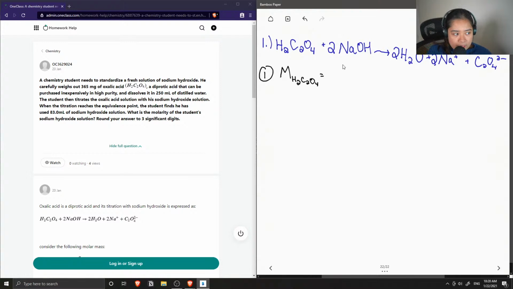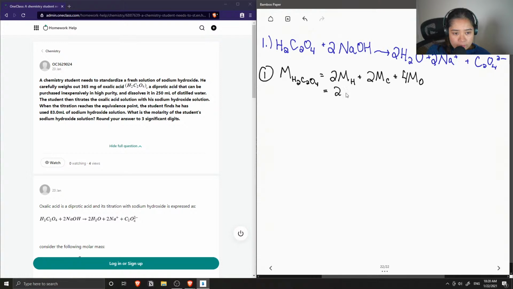So the molar mass of oxalic acid, we would need all the individual molar masses of the atoms involved, like hydrogen, carbon, and oxygen, but they can just be found on your periodic table. So it's going to be 2 times the molar mass of hydrogen, plus 2 times the molar mass of carbon, plus 4 times the molar mass of oxygen.